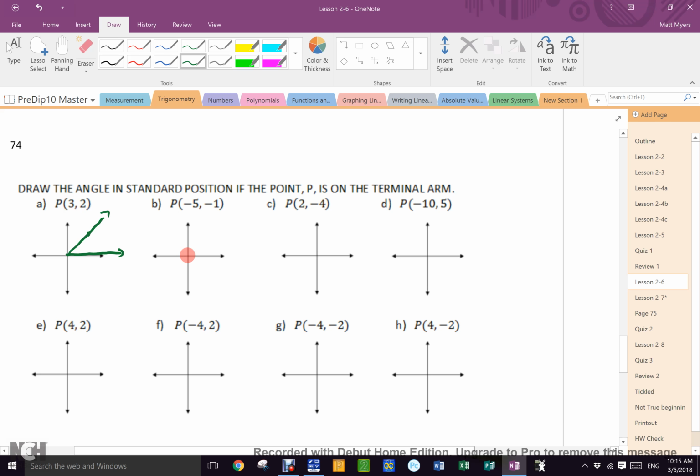Where is it going to be? It's going to be in the third quadrant. -5, -1 down here. Gives me a theta and a reference. I should be using 2 different colors. I've been making theta black, haven't I? And the reference angle green. You guys fill that in.